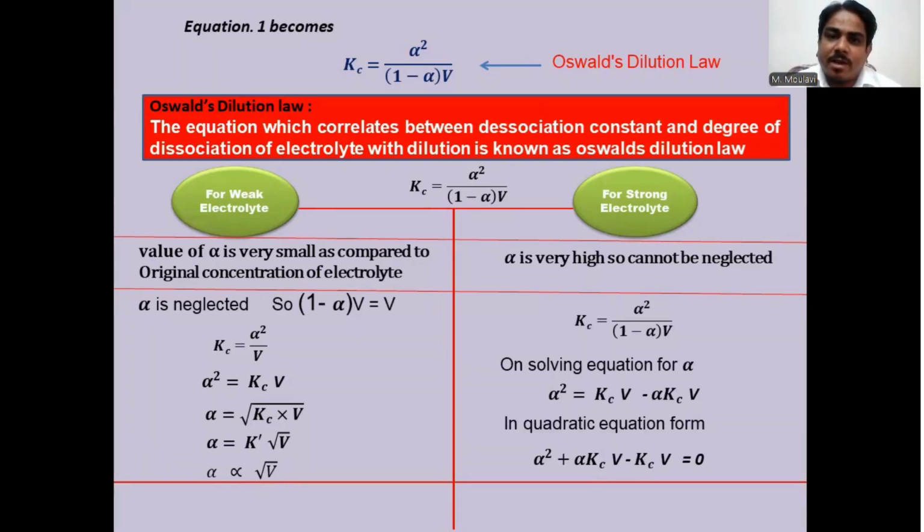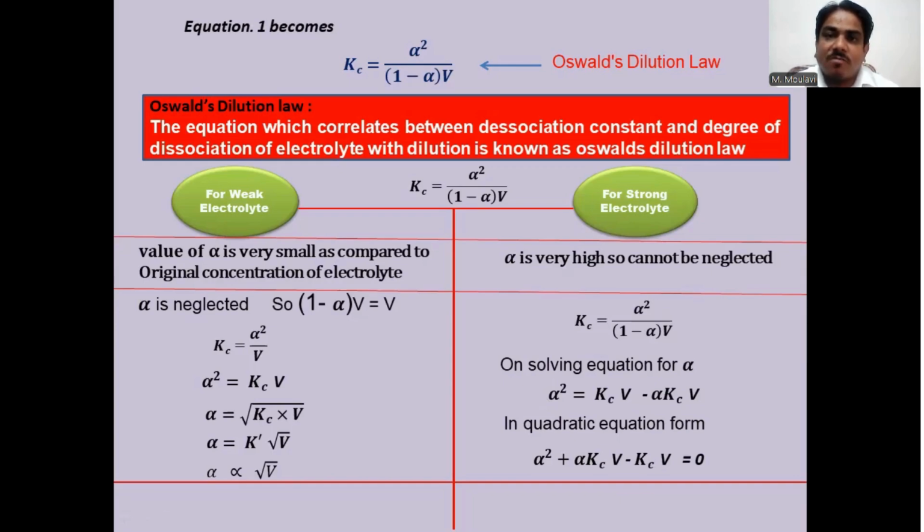In case of strong electrolytes, alpha is very high, so it cannot be neglected. So for this, the Ostwald dilution law equation remains the same. This is the original equation of Ostwald dilution law. Further simplification or solving the equation for alpha gives us alpha square is equal to KcV minus alpha KcV.